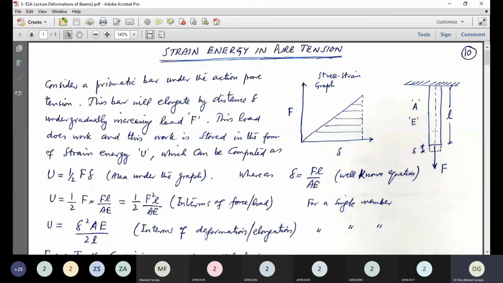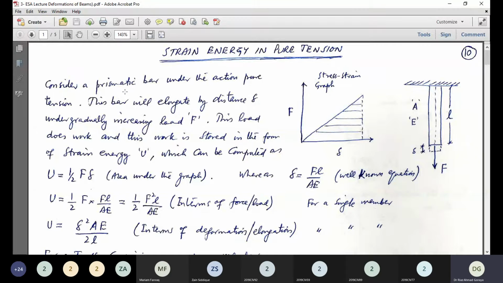That is why it is called pure tension. There is no bending because there is no eccentricity. So under this application of load F, this bar will elongate or have the tendency to elongate.